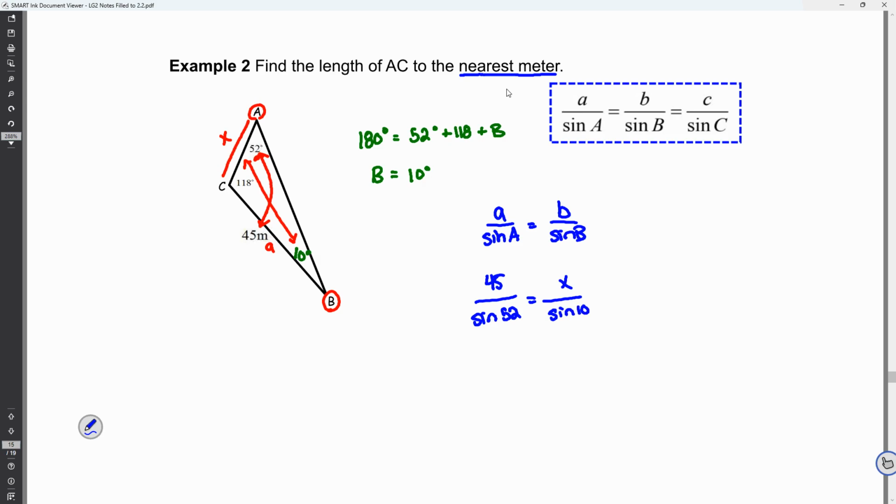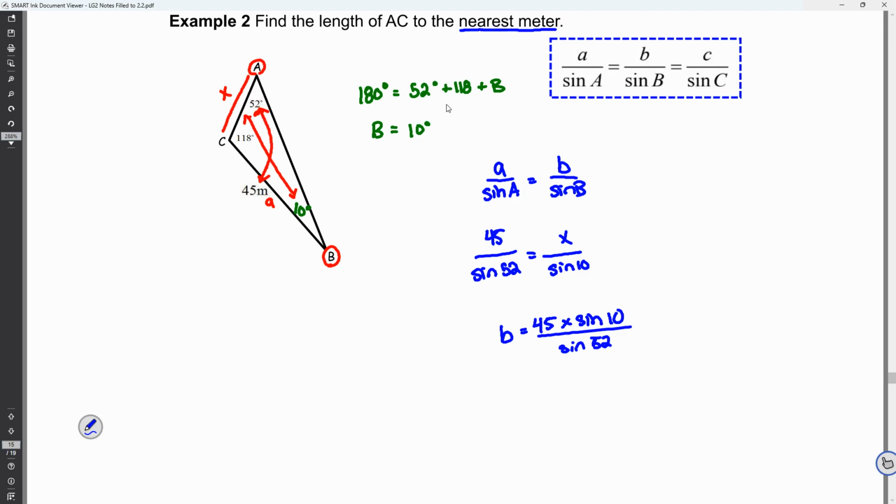I'm going to skip a little step here, but if you solve for x, you get x is equal to 45 times sine 10 over sine 52, which means my value is equal to 9.916, and so on, meters.